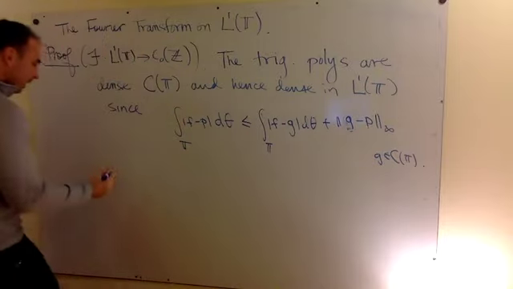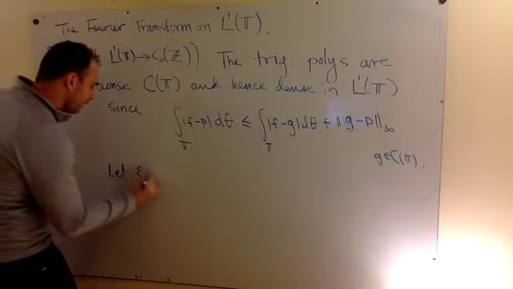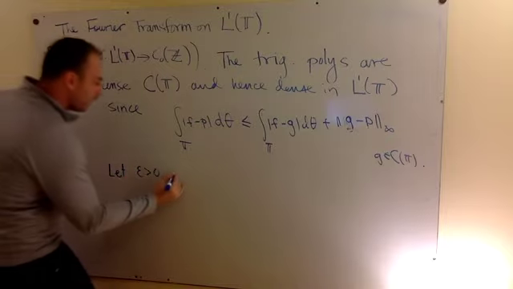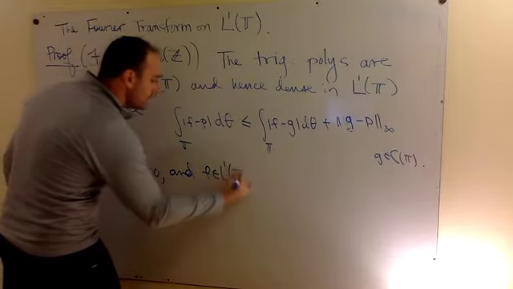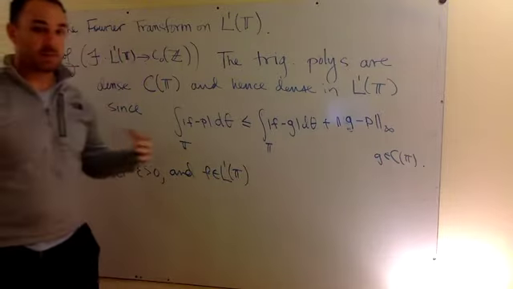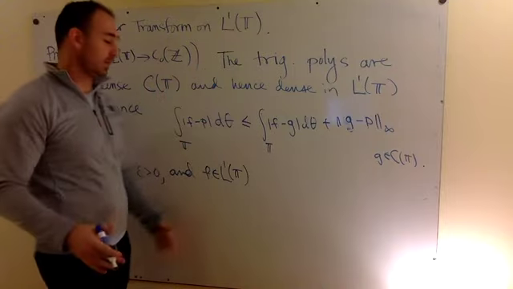All right, so now let epsilon be greater than 0, and f in L1 of T. I want to show that the Fourier transform of f decays as k runs out to infinity.